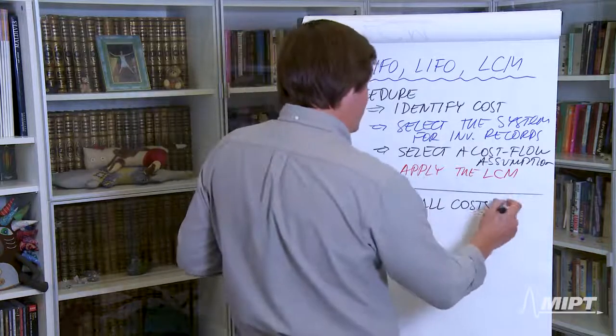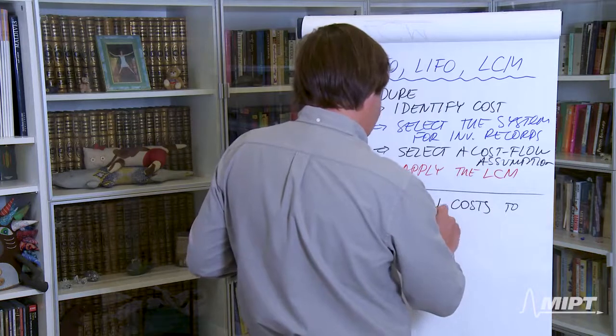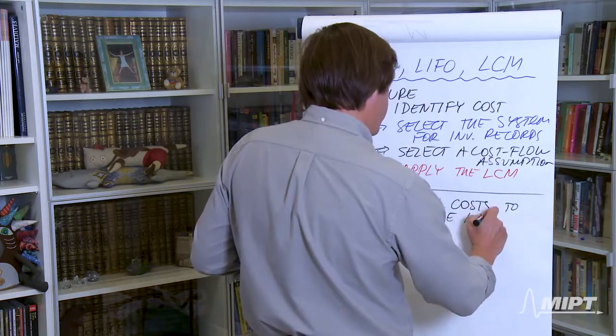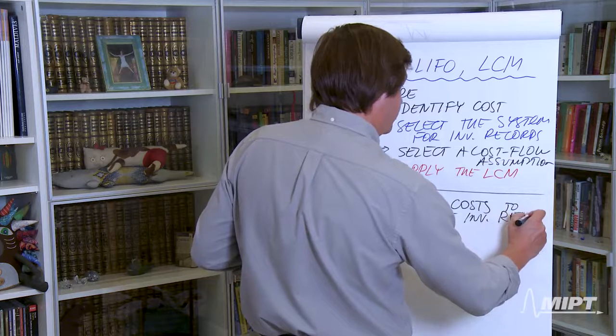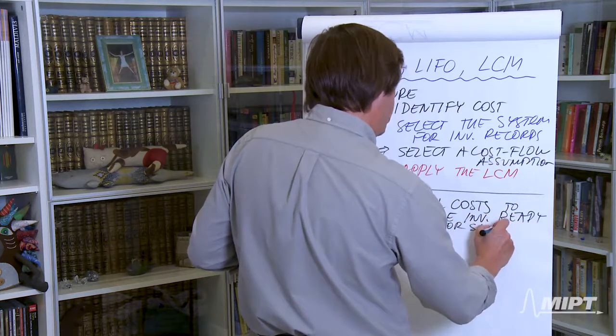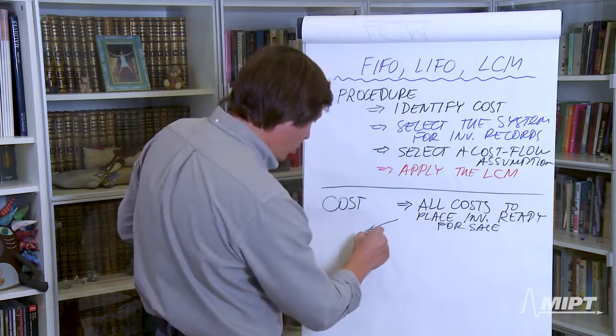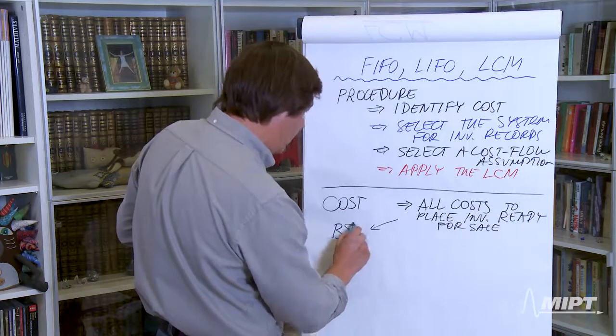And these are the costs to place the inventory ready for sale. Not only do we have to properly take them into account, but then they all go to the balance sheet, so they are capitalized.